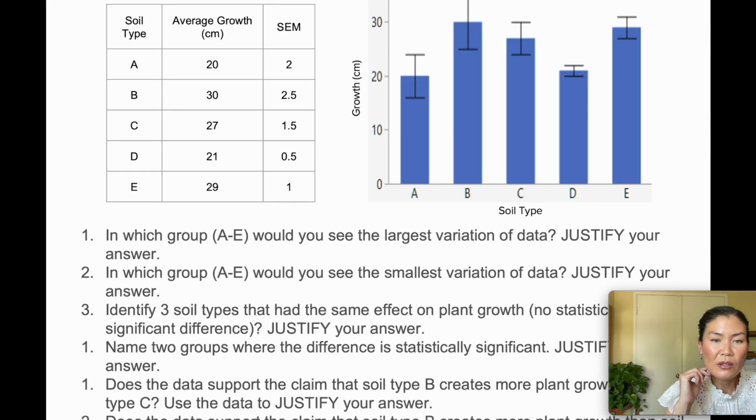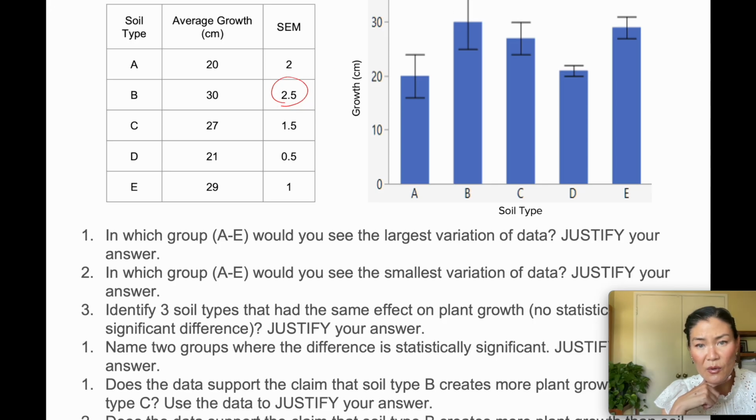And so let's answer some questions just analyzing this data. In which group, A through E, would you see the largest variation of data? Again, the 2 SEM bars show you variation. You could look directly at the height of these standard error bars, or you could look at the data table, and it looks like soil type B had the most variation, 2 SEM.